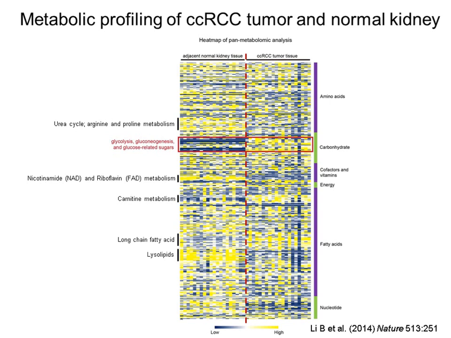They had increased accumulation of long-chain fatty acids, decreased abundance of lysolipids, but the red box regions show the metabolites which were the most different. So the renal tumors had a significant increase in the abundance of metabolites that fall loosely in the category of glycolysis, gluconeogenesis, and glucose-related sugars.